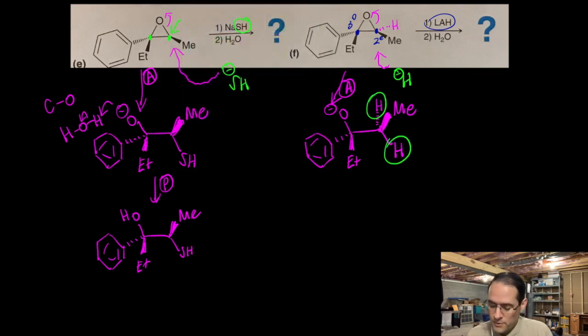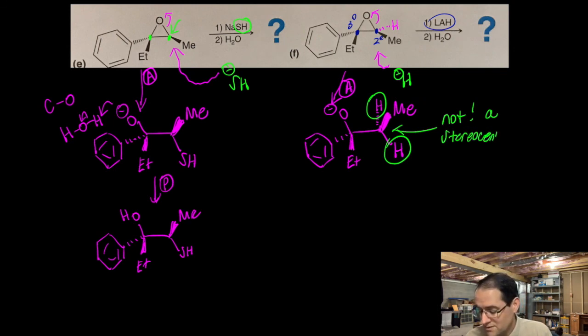So that's the reaction intermediate. Now remember, we don't need to draw these hydrogens. And in fact, this is now no longer a stereogenic center. So it's not a stereocenter. You see, when we add hydride to this epoxide, we now introduce two hydrogens on that right carbon, which kind of negates its stereo, its asymmetry, okay?